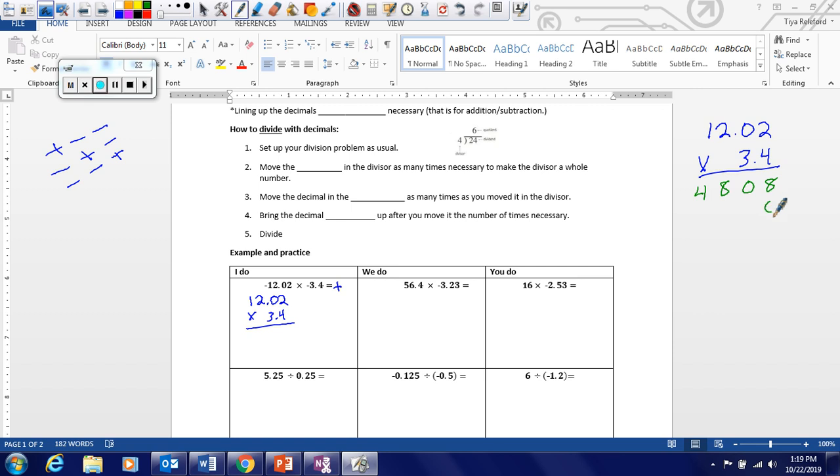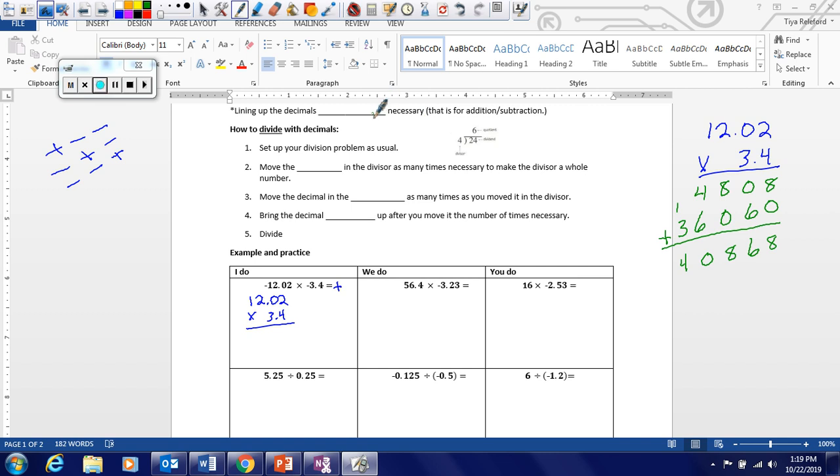I'm going to add myself a 0. Now I'm moving on to the 3's. 3 times 2 is 6, 3 times 0 is 0, 3 times 2 is 6, 3 times 1 is 3. We're going to add those up. 8, 6, 8, 10, 4.